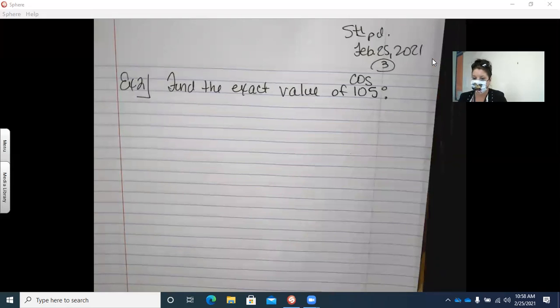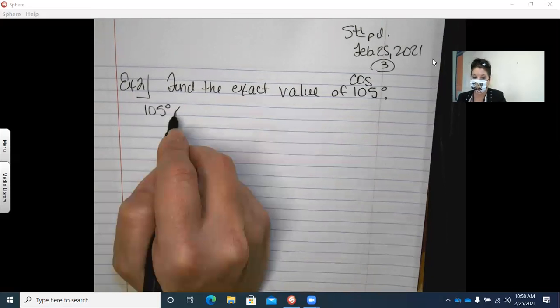No. Okay. Well, what if we double it? We multiply it by 2, which is 210 degrees on the unit circle. So since we doubled it, we can use the half angle formula to find the cosine of 105 degrees.